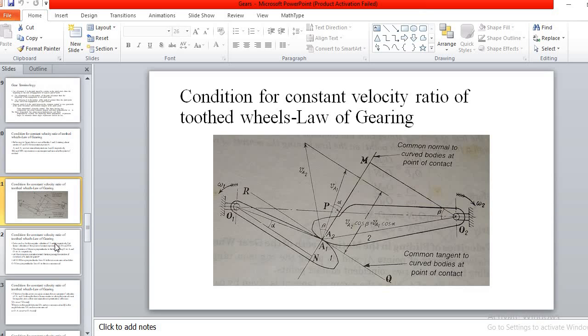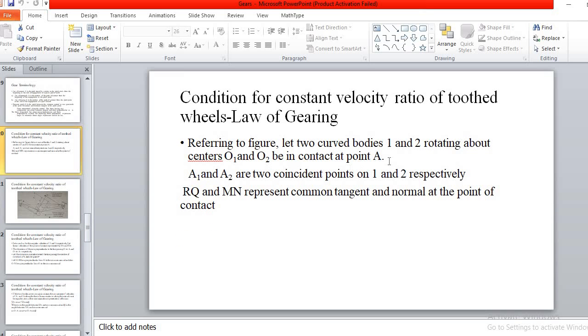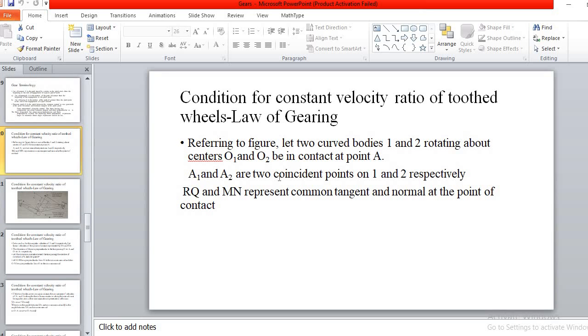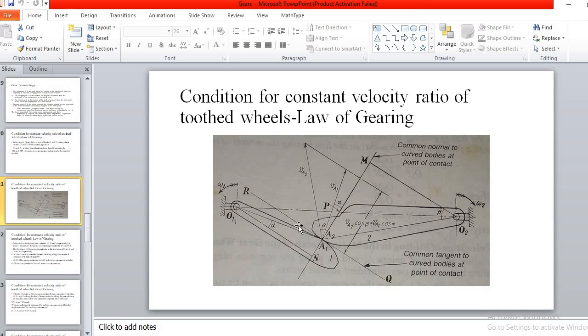We consider these curved bodies 1 and 2, rotating about centers O1 and O2. The first curved body rotates about center O1, the second curved body rotates about center O2, and they come in contact at point A1.